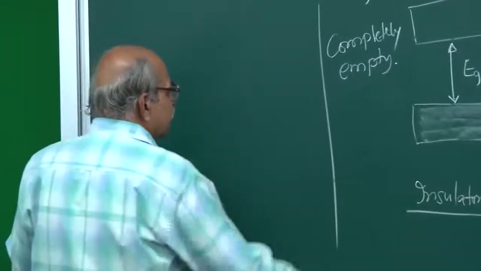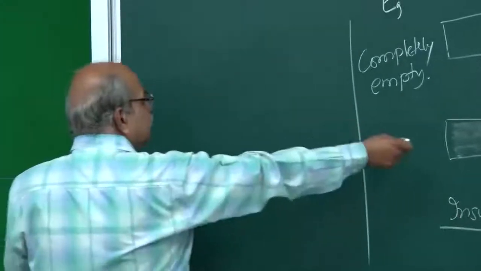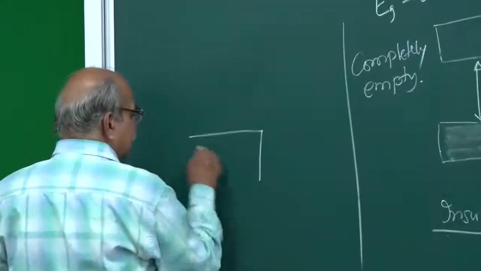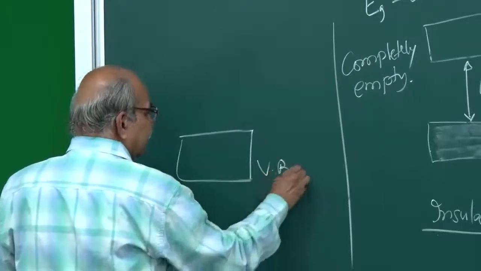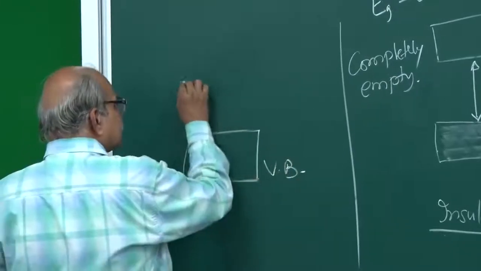And then the third class is you have a similar structure, you have this valence band, and then you have this conduction band.